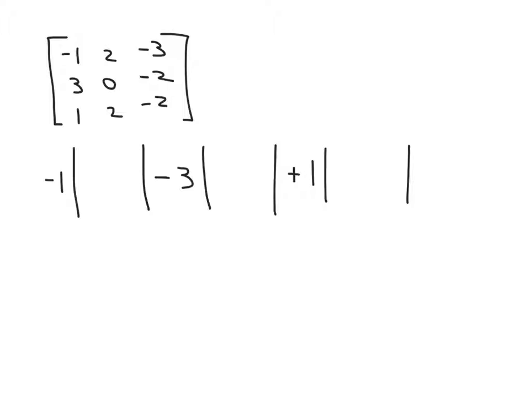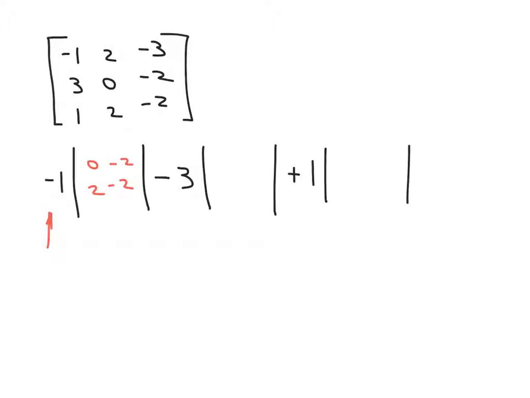So where do we get those minors? We look at our first number here, -1. It is in the first row and the first column, so we cross all that out and we write what's left: 0, -2, 2, -2.